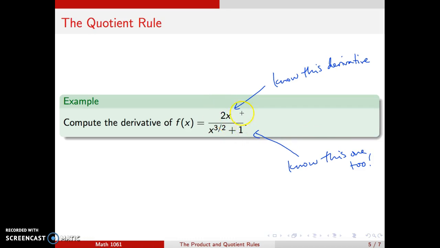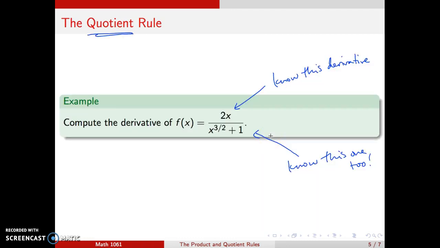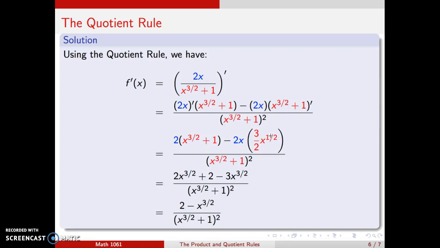I don't know the derivative of this whole thing. If I had a formula, I would just use it. But I don't. I know these parts that make it up. So that's why we're going to use the quotient rule, because all you need to know is what's the derivative of the numerator, what's the derivative of the denominator. That's the information we need to use that formula. So that's the reason why we have it.